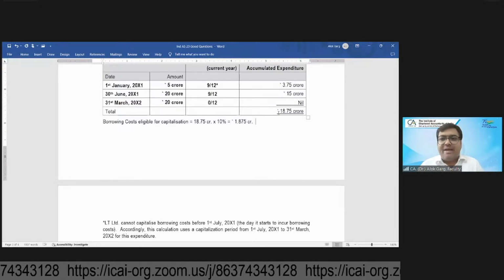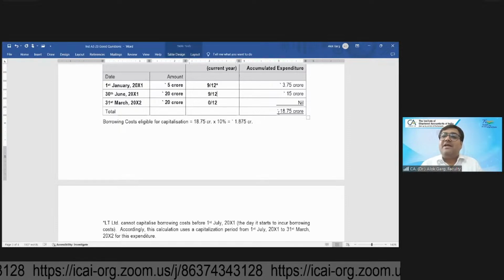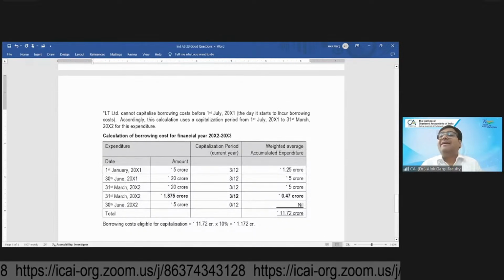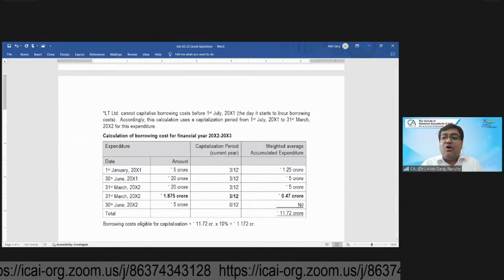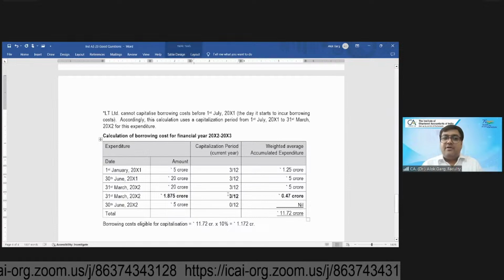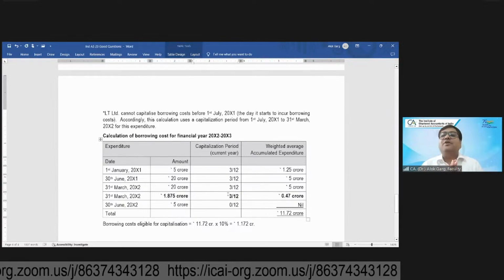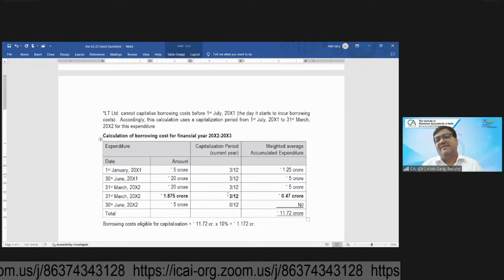Then interest payable to bank. So 1.875 crore has become a part of the accumulated expenditure, right? On 31st March 20X2, you have capitalized this borrowing cost. Now this borrowing cost has also become part of the cost of the asset.